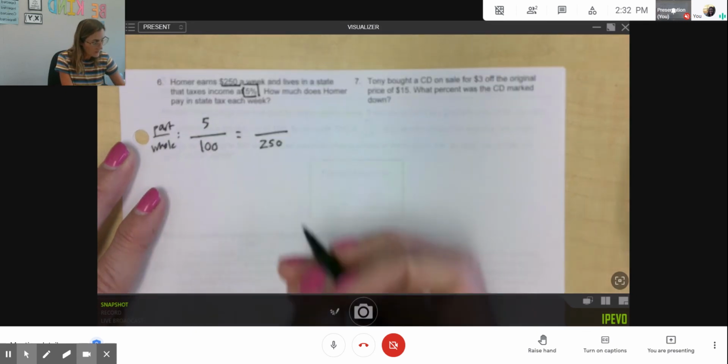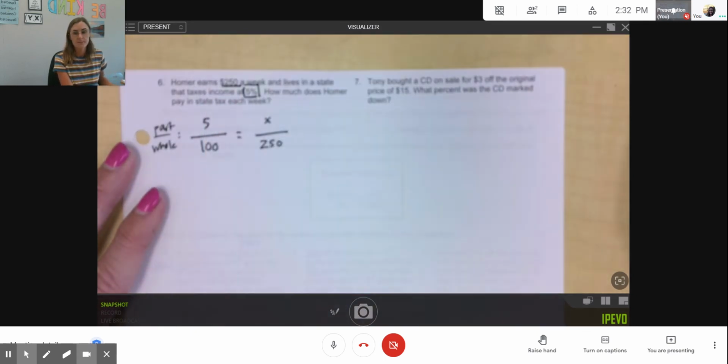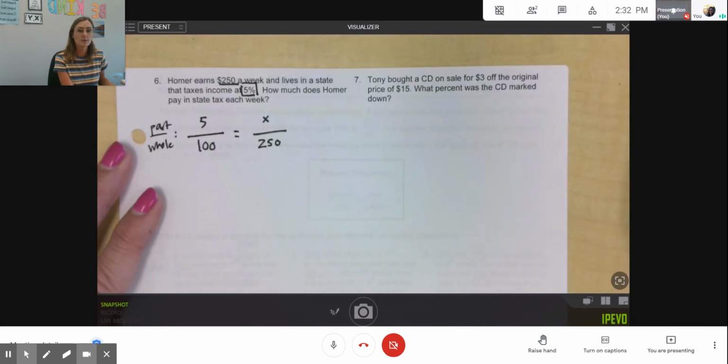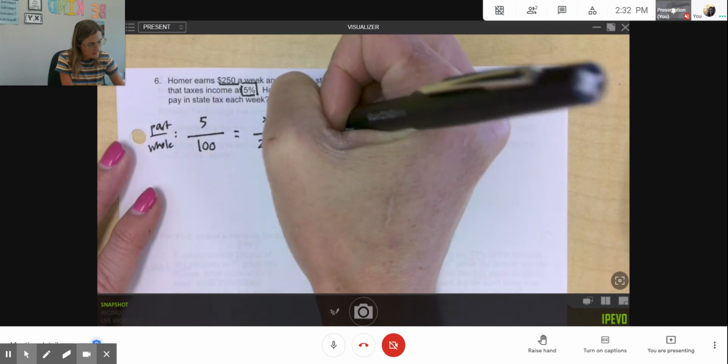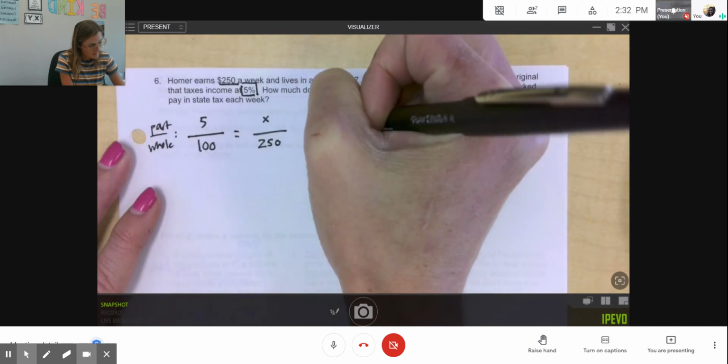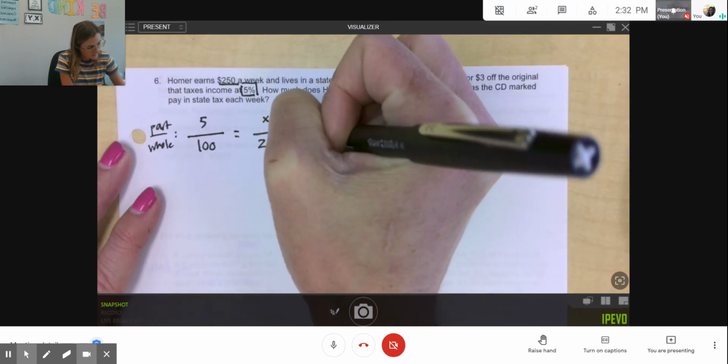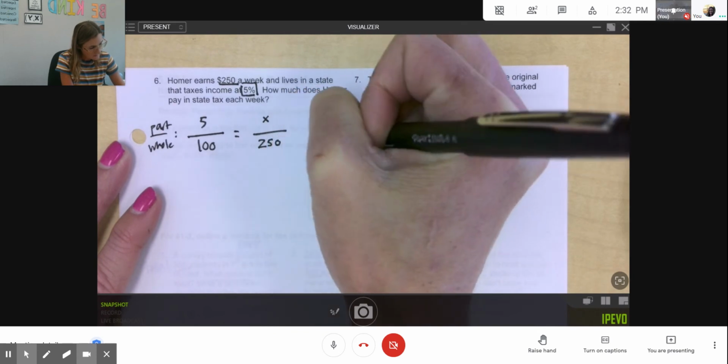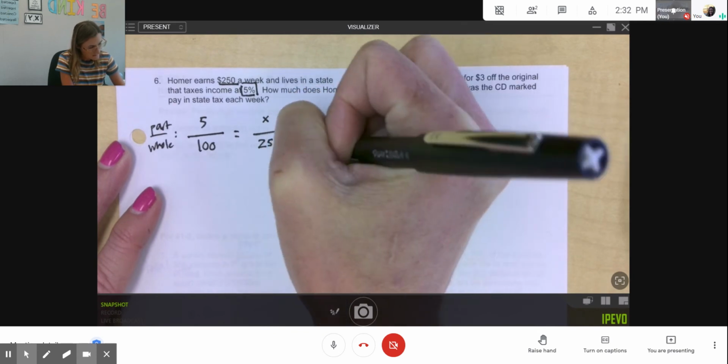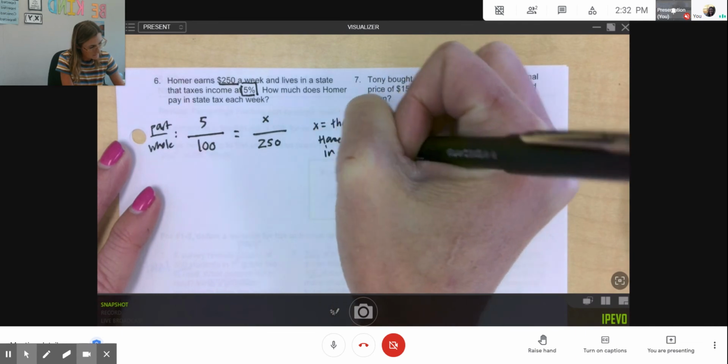We want to know how much money is 5% of $250. So X would represent the money Homer pays in tax each week.